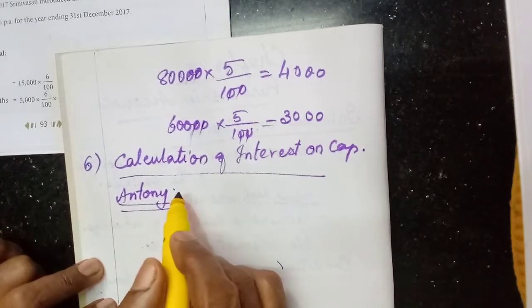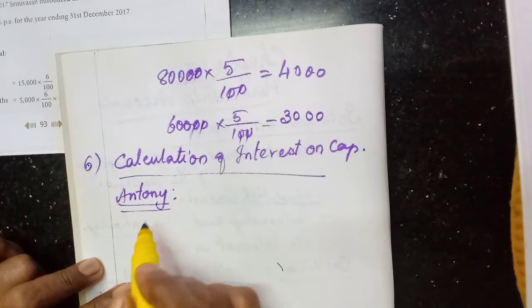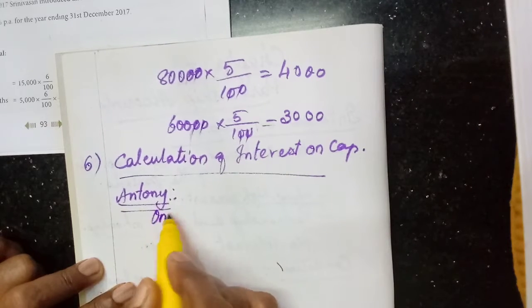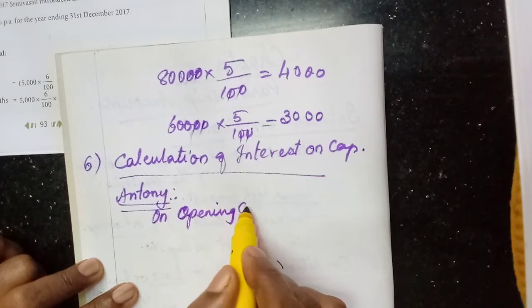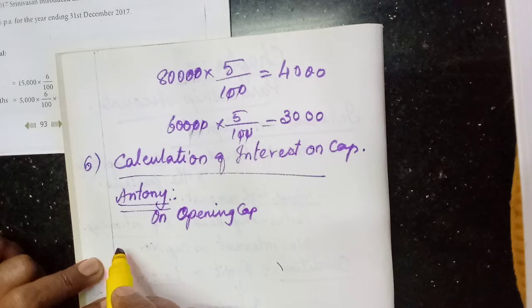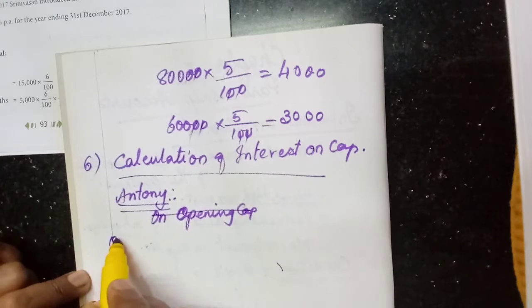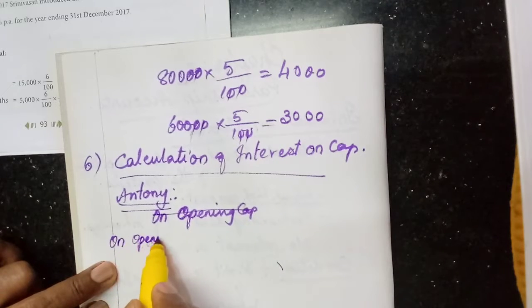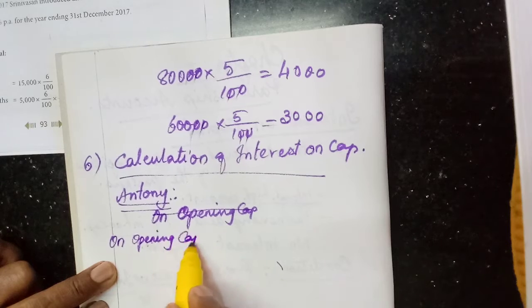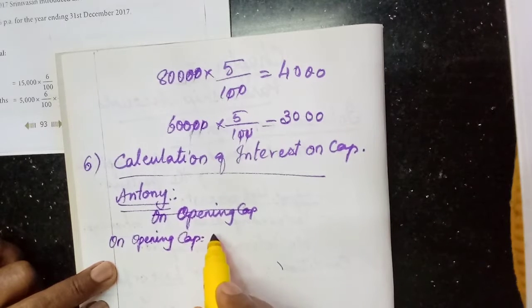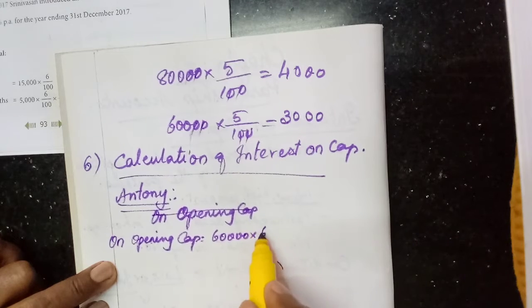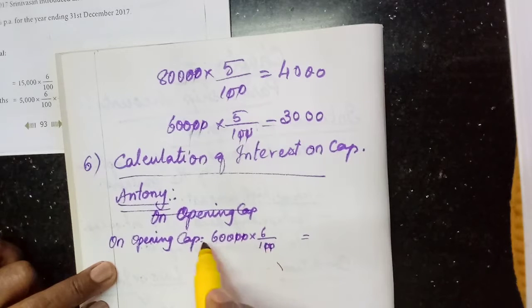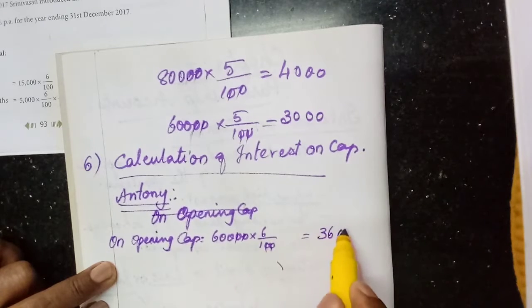Just for reference, keep it next to you. First for Anthony, on opening capital. What is the opening capital? 60,000 into the rate, 6 by 100. 6 sixes are 36, 2 zeros.